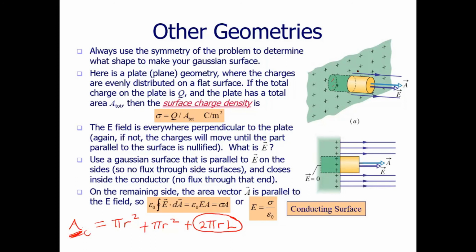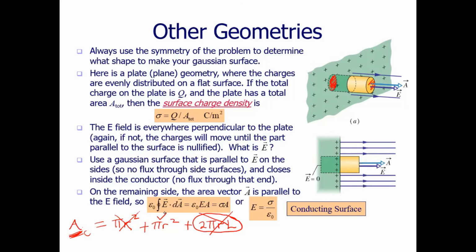So in which area are the electric field lines passing? Do we have any electric field lines passing through the back area? We also don't have. So it means that the flux through this is equal to 0.